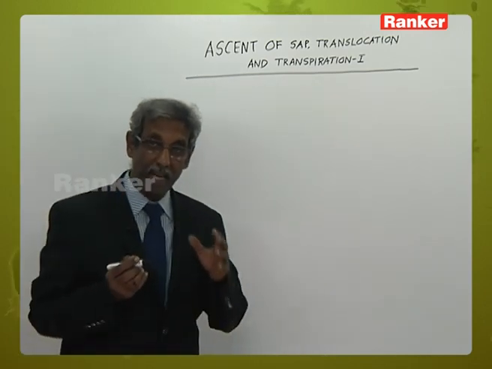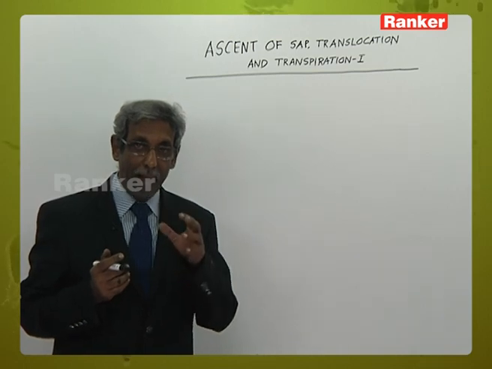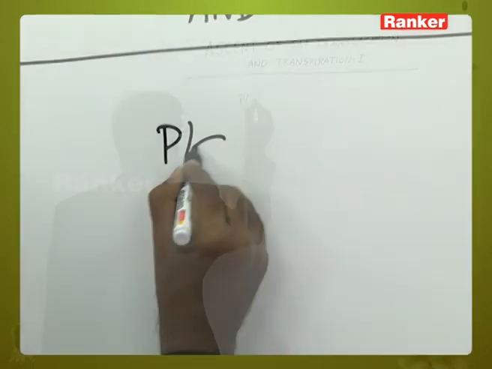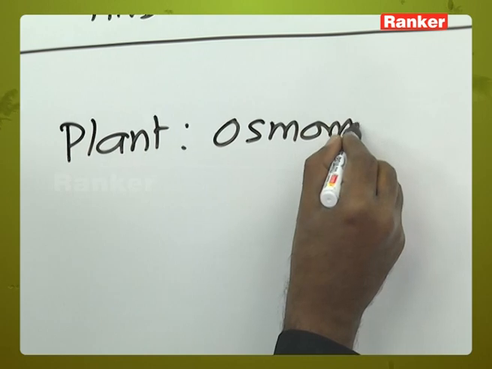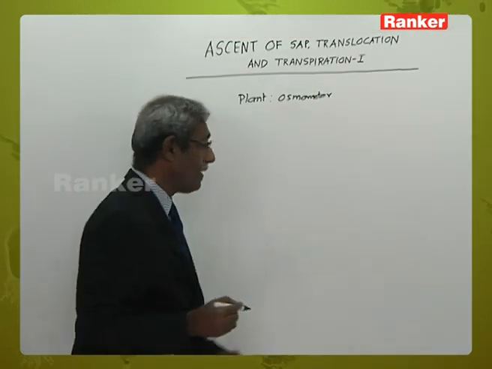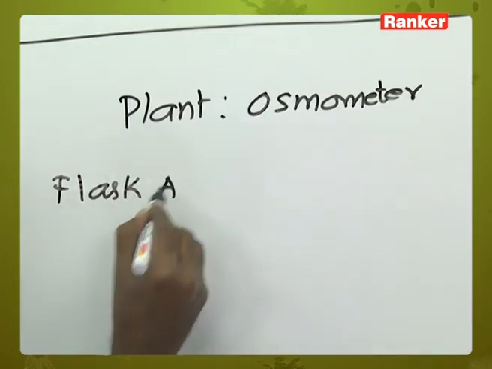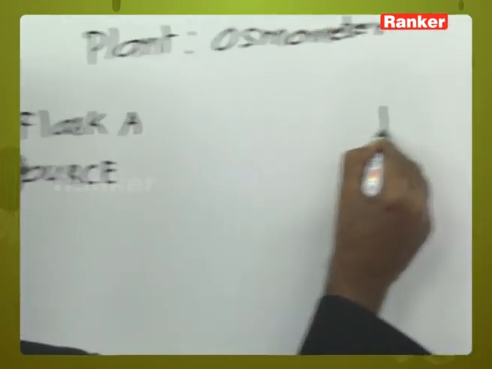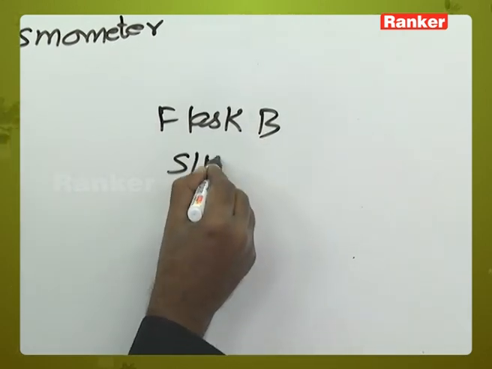Continuing on the analogy of an osmometer, we understand that even a plant acts as an osmometer. Because we understand that flask A is considered a source and flask B is considered a sink.